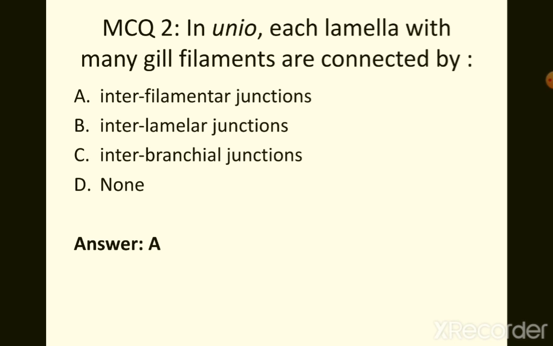In Unio, each lamella with many gill filaments is connected by interlamellar junction, interfilamentar junction, interbranchial junction, or none? Now two gill filaments are connected by interfilamentar junctions, but the two lamellae, that is the outer lamella and inner lamella, are connected by interlamellar junction. So you have to be sure.